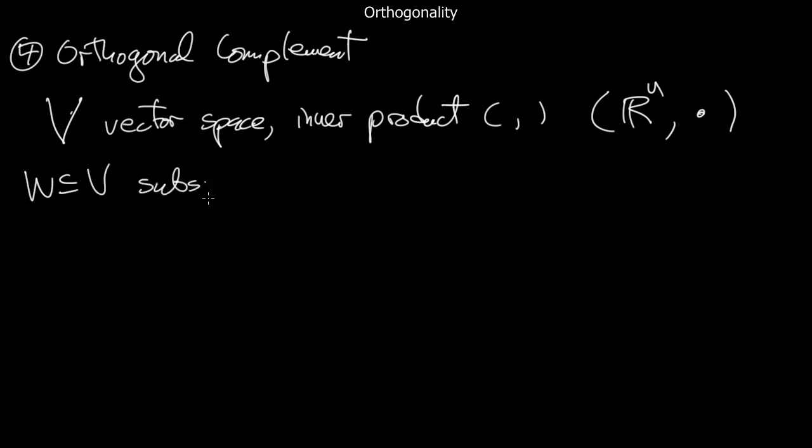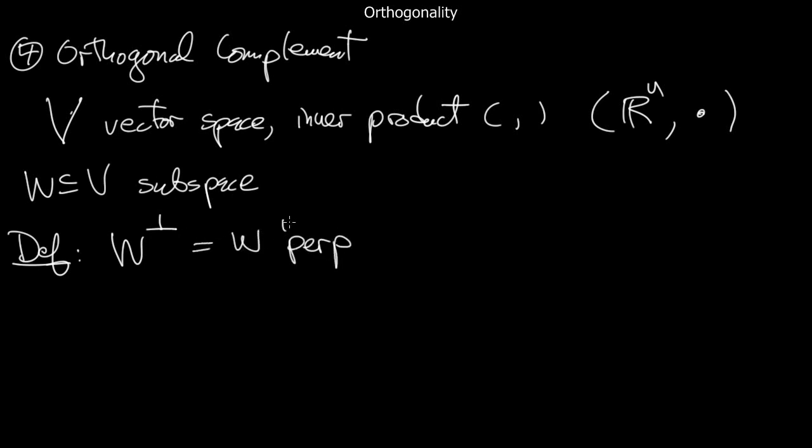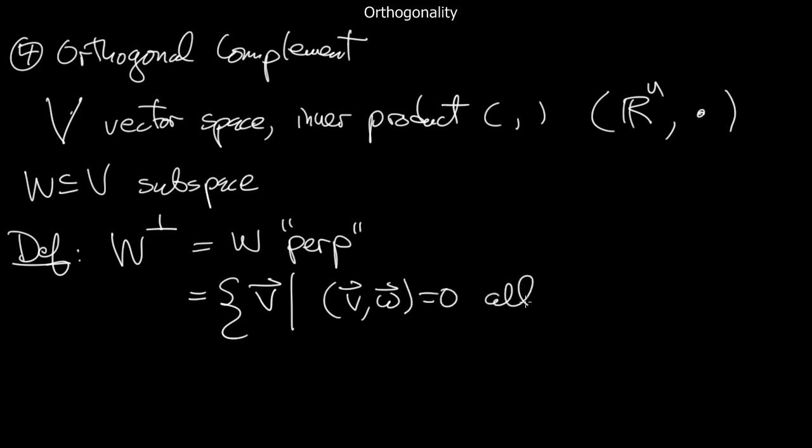Suppose we have a subspace of V called, let's say, W. We define W perp, this little symbol here, pronounced perp, or perpendicular, or orthogonal complement. The orthogonal complement of W is the set of vectors which are orthogonal to every vector in W.